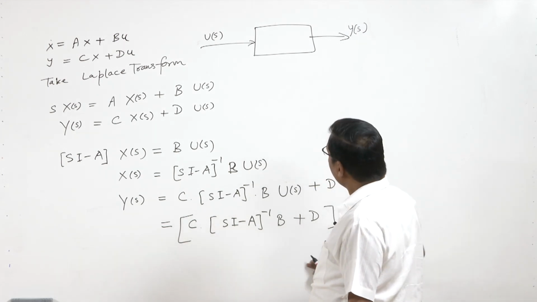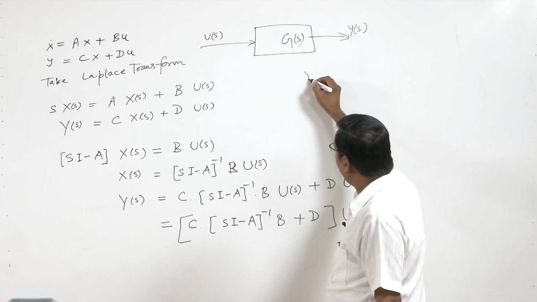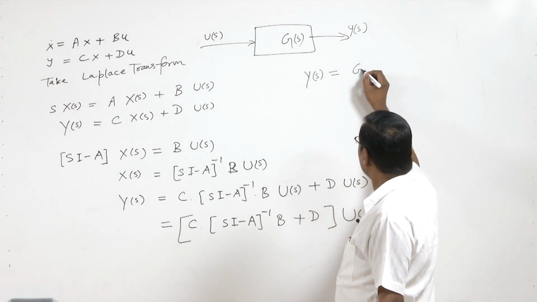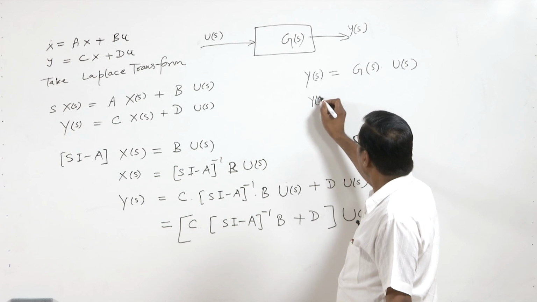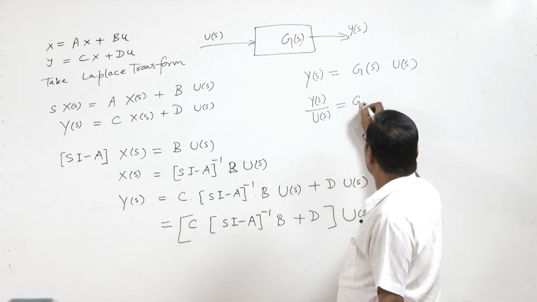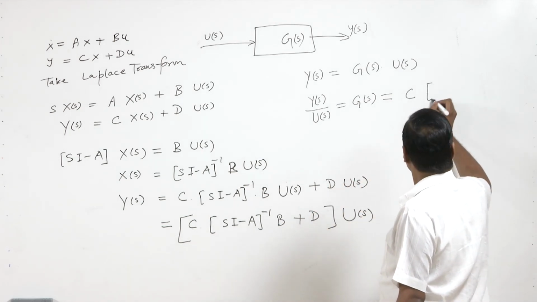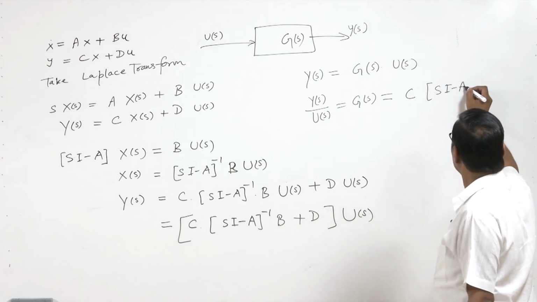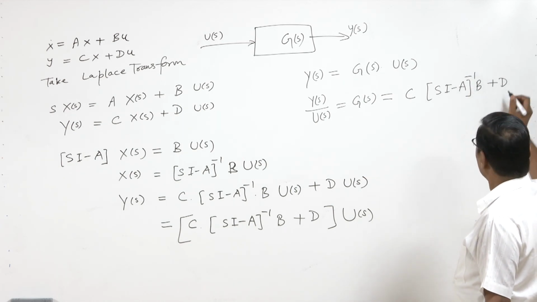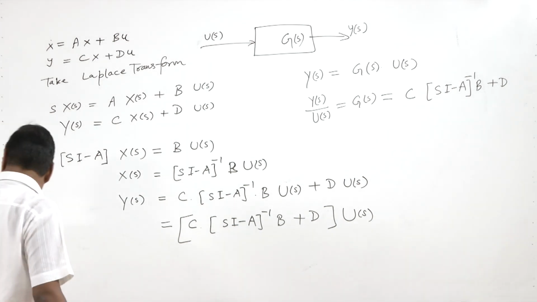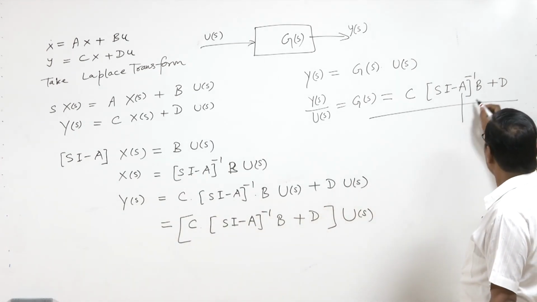So what we are getting here, if we say G(s), we can write Y(s) equal to G(s) into U(s), or Y(s) by U(s) equal to G(s), and this G(s) equals C (sI minus A) inverse B plus D. So this is the transfer function. We remember that these are matrices.